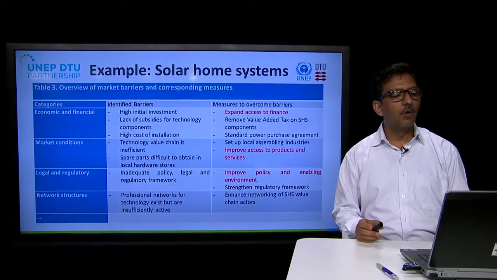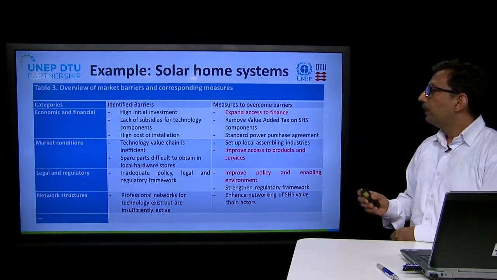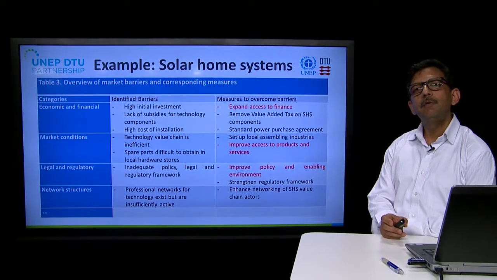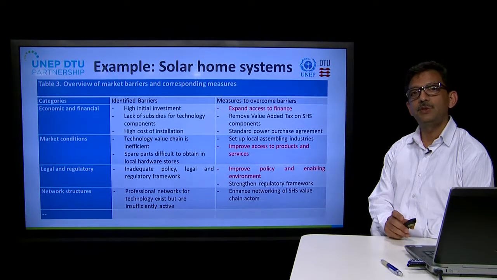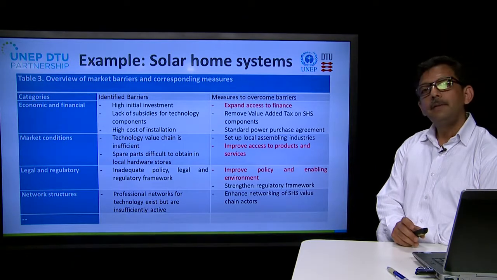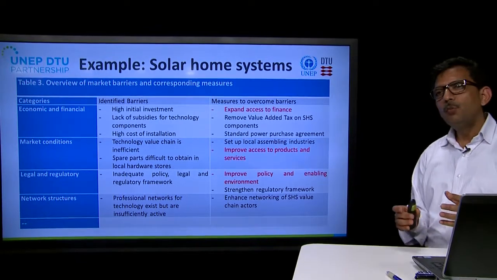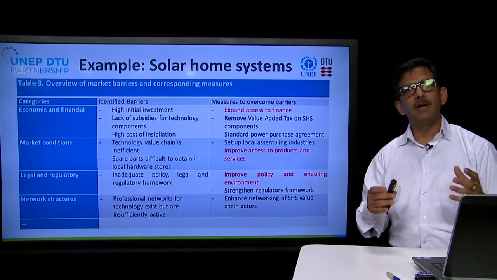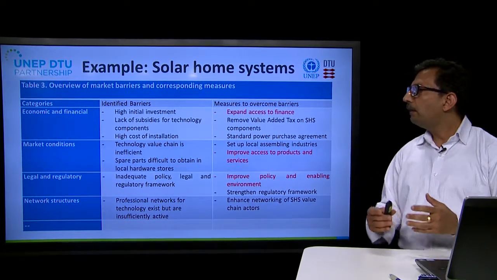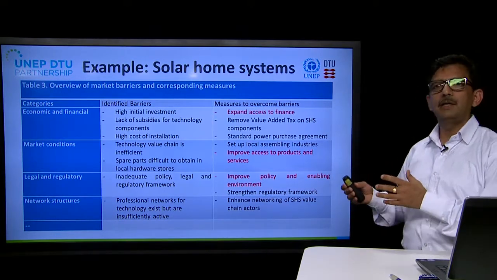What you are seeing on the screen is essentially an output from your barrier analysis and enabling framework report, where we have looked into the barriers which a technology faces, which have been put in column number 2, and then the majors which can help us to overcome these barriers. And you might also remember from your barriers and enabling framework analysis that we also categorize these barriers into economic and financial, market and so forth.